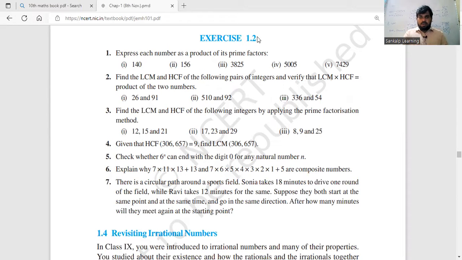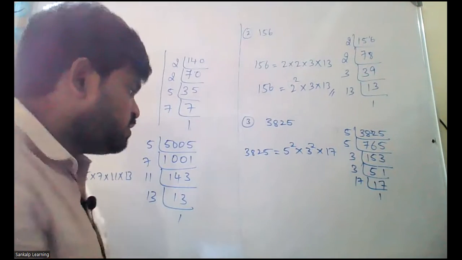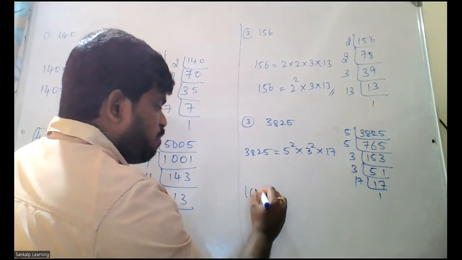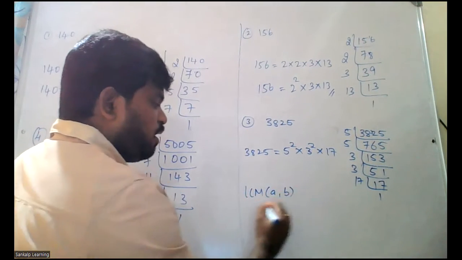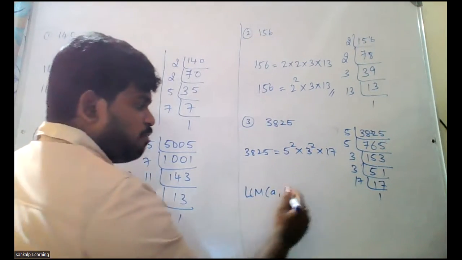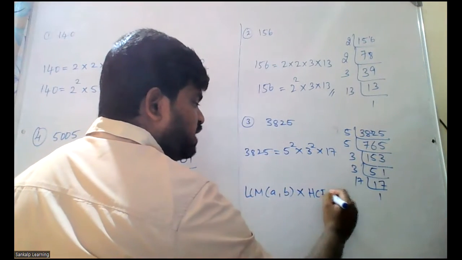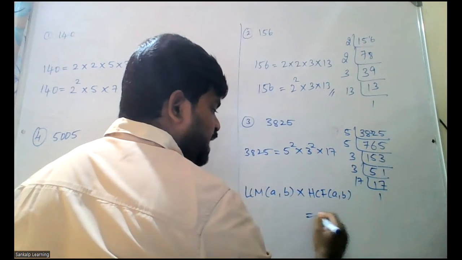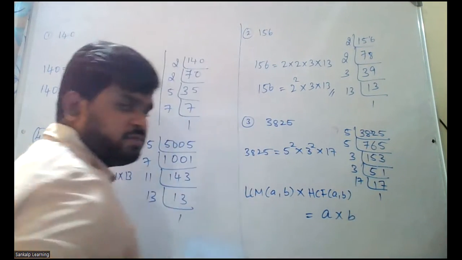Let me talk about this relation. Let's say A and B are two numbers. LCM of two numbers into HCF of two numbers is actually equal to the product of themselves.